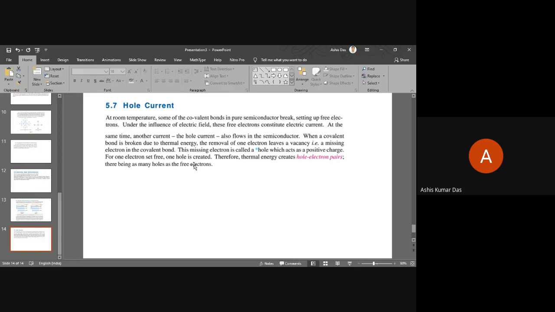That means when we produce a free electron by thermal agitation or by applying an electrical field across the semiconductor, we are undoubtedly producing a hole as well. Basically in a semiconductor we have the presence of both currents, the electron current as well as the hole current.